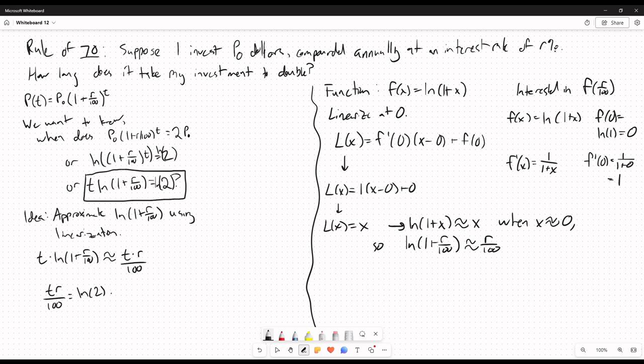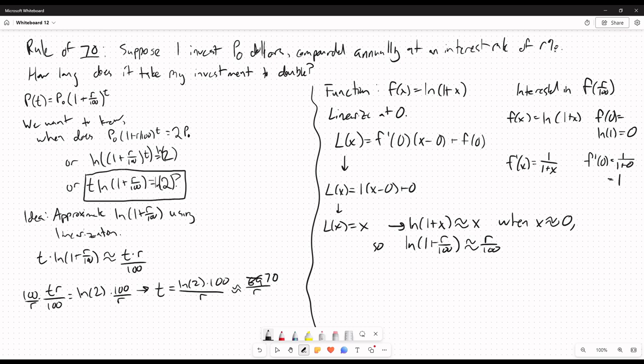Remember, we're solving for t, so we're going to multiply by 100 over R on both sides. When we do, we're going to get that t equals natural log of 2 times 100 over R, which is about 69 or so, 69 and change over R. And we call this the rule of 70, so we might as well just make that 70 for the sake of simplicity.